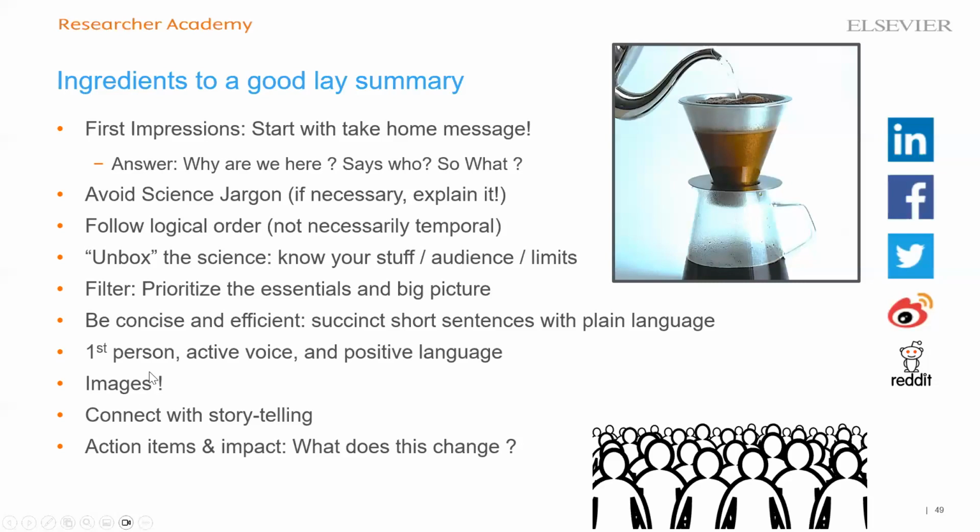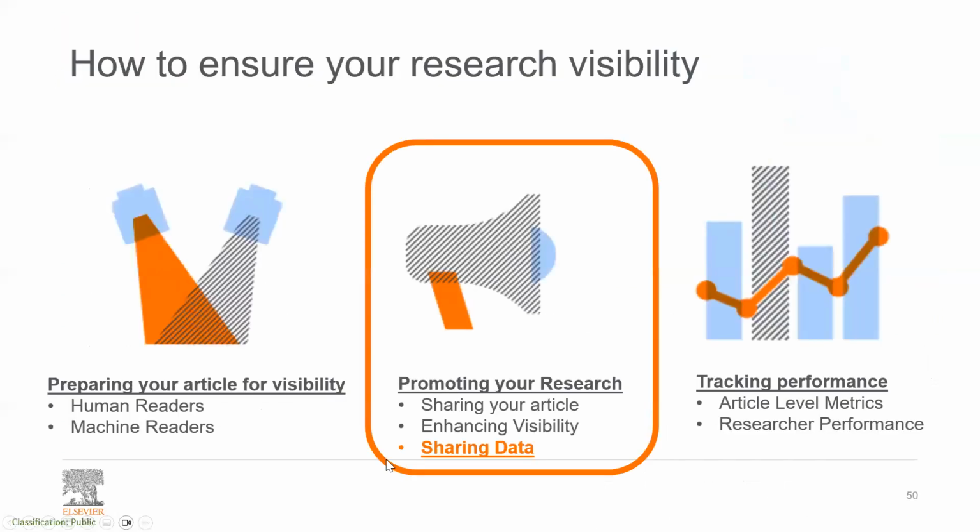Use a lot of images, and it's very important when you're writing a lay summary, people are more interested in a story or in a take-home message than they are interested in scientific details, and focus on how does this impact the normal person outside academia. The last point here is sharing your data.